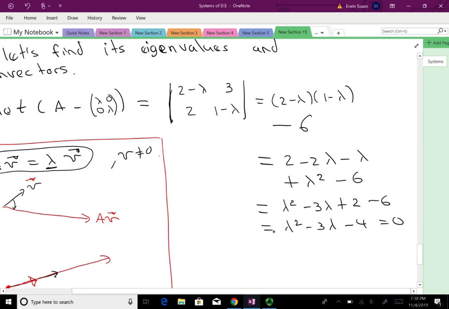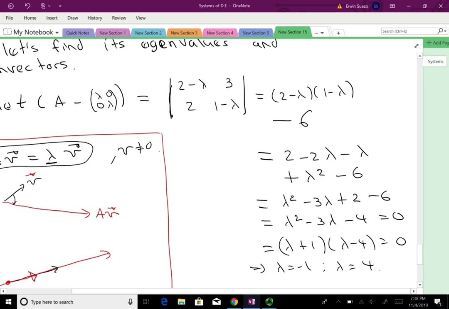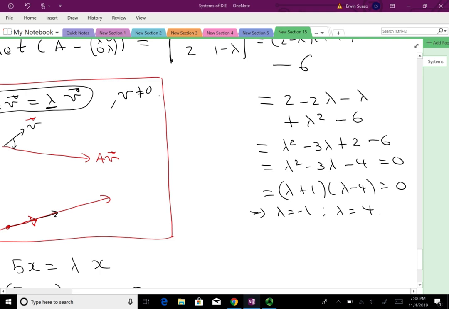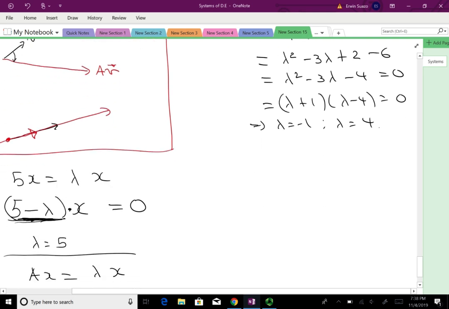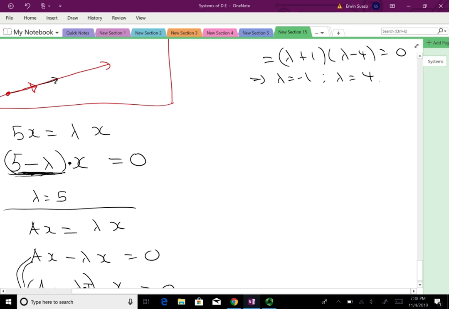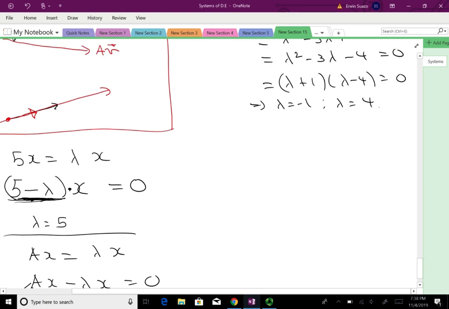Then I can factor this like (lambda plus 1)(lambda minus 4). So from here I get lambda equals minus 1, lambda equals 4. So I found my eigenvalues.